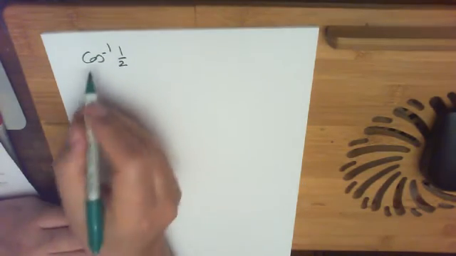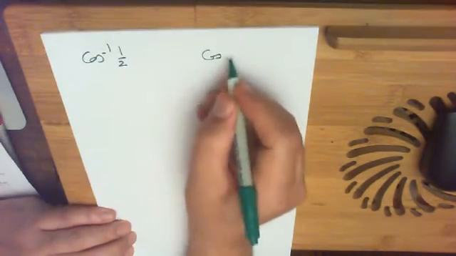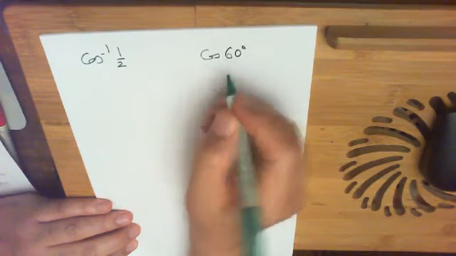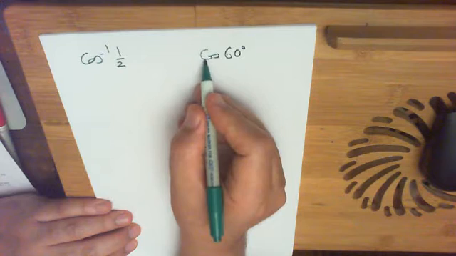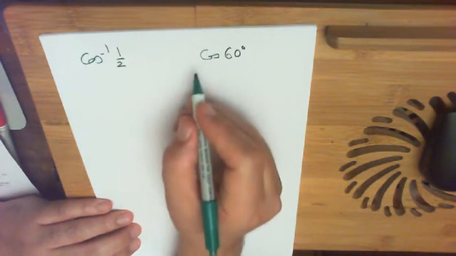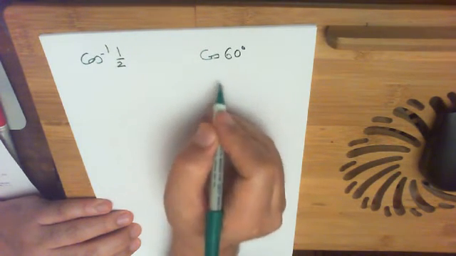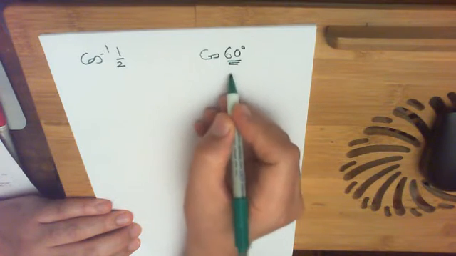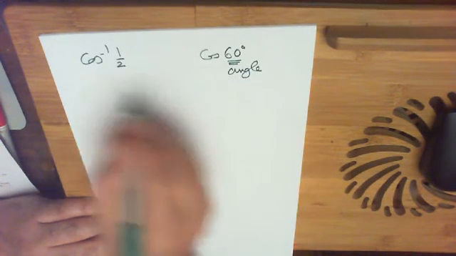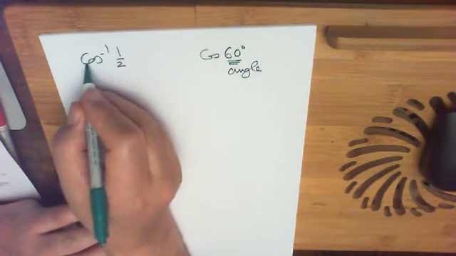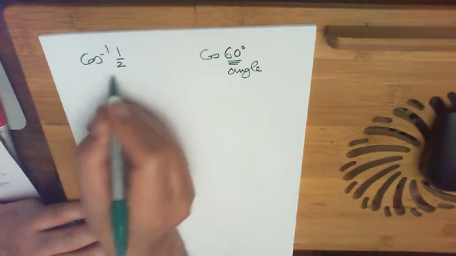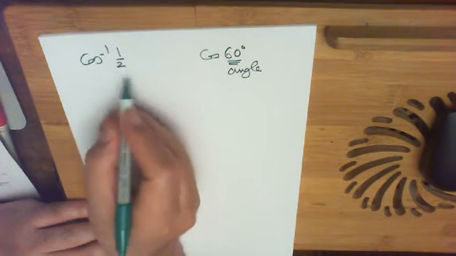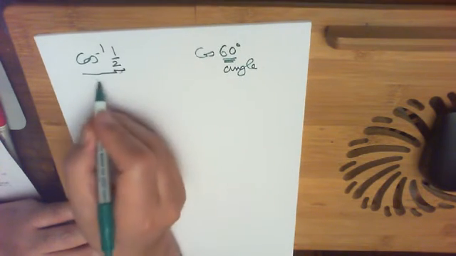As I told you, cosine 60. When you are talking about the ordinary trigonometric functions, cosine, sine, tan, sec, cosec, the argument is an angle. When you ask with the inverse trigonometric functions, you are asked to obtain an angle.